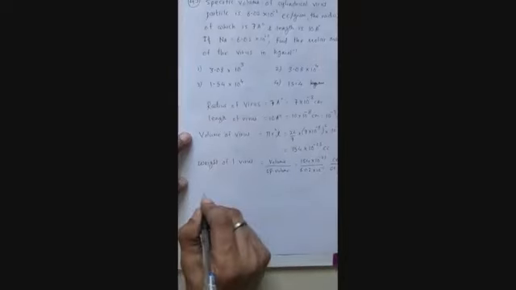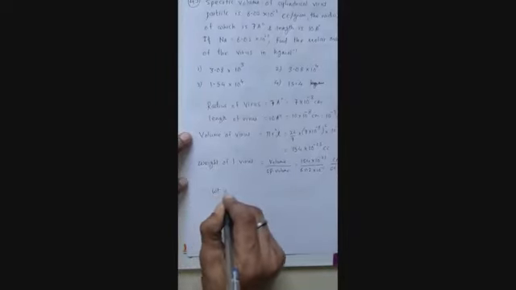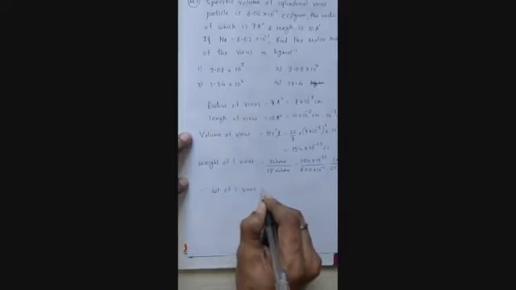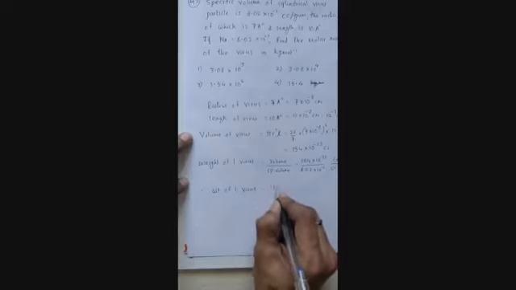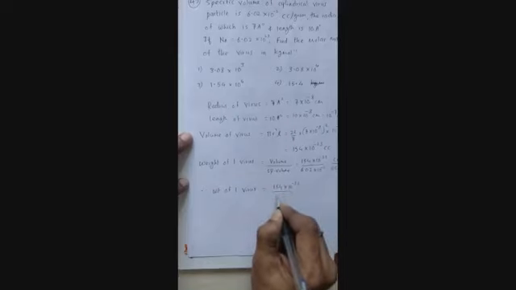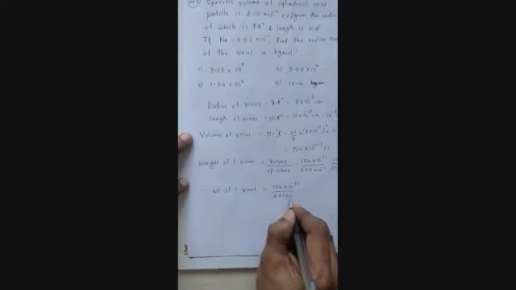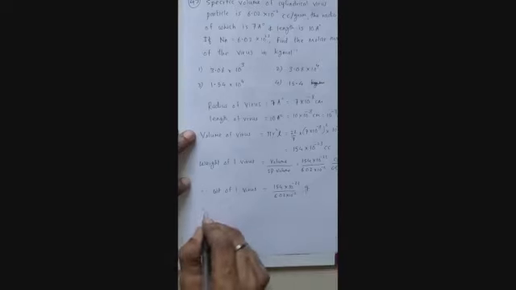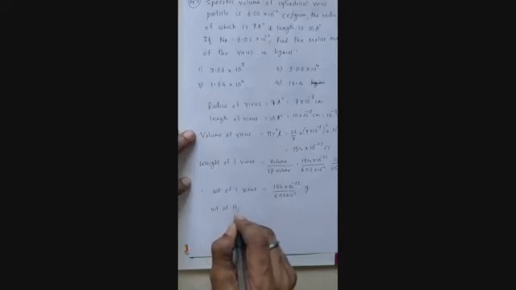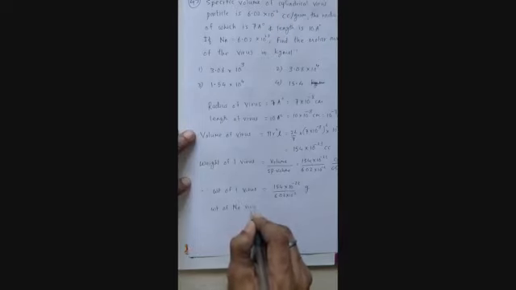Okay, now since the weight of one virus is 154 into 10 raised to minus 23 upon 6.02 into 10 raised to minus 2 grams, therefore weight of Na virus particles will be equal to molar mass.